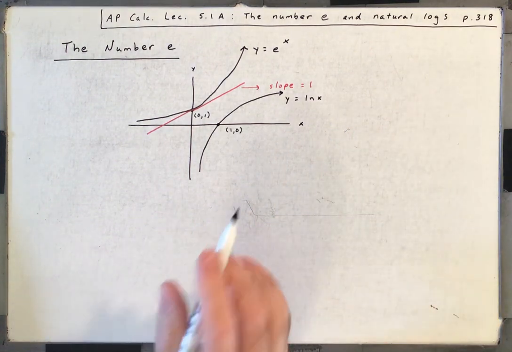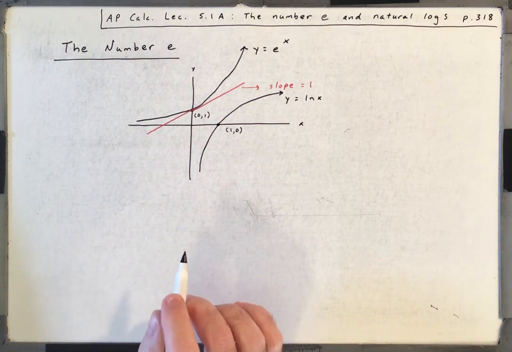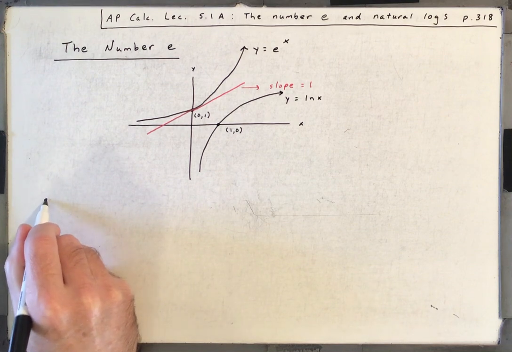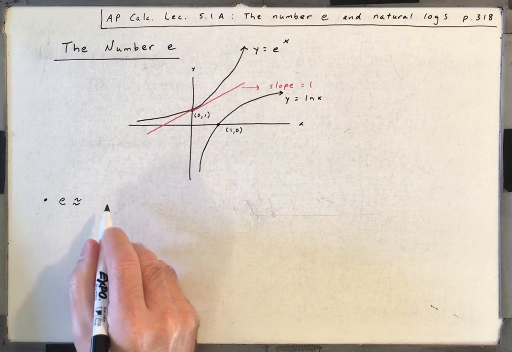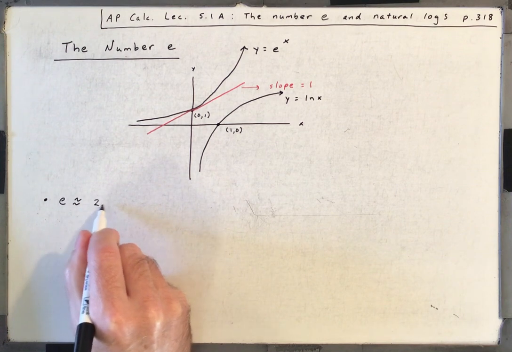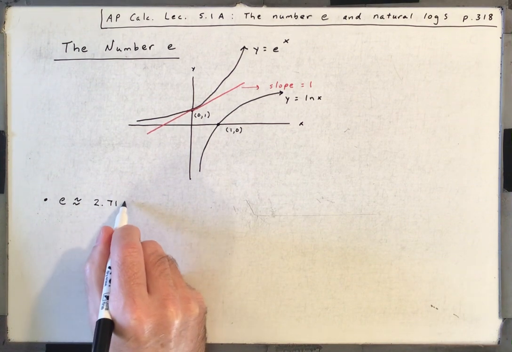Okay, so let's write a few facts about e and the natural log. So e is approximately equal to 2.71821.